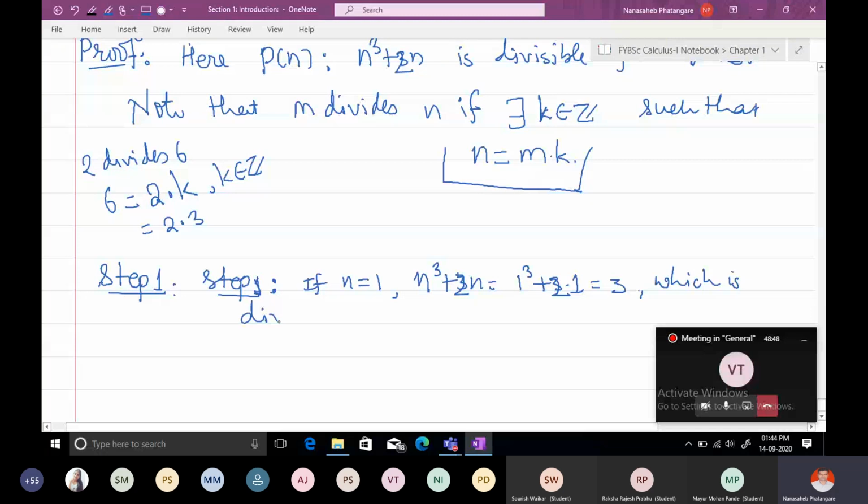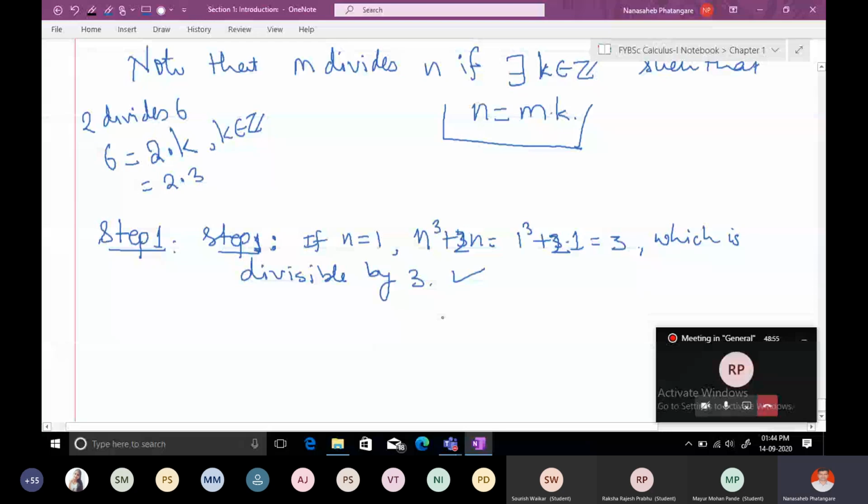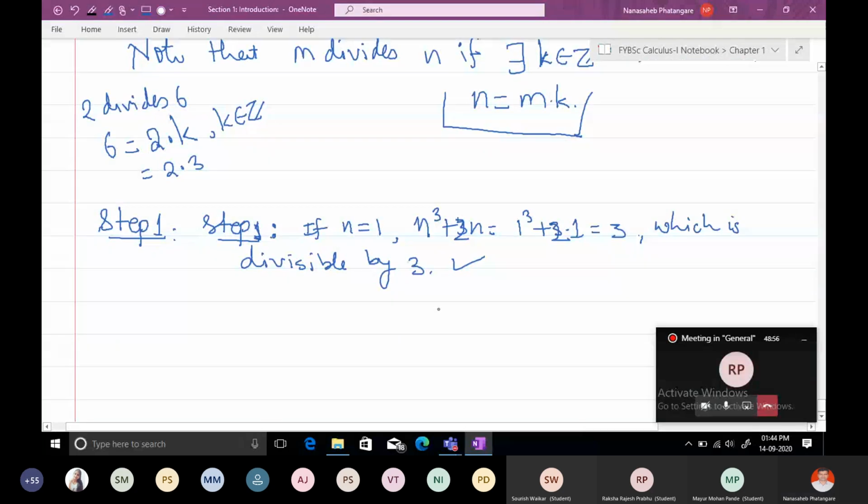So clearly this is divisible by 3, and hence the result is true for n equal to 1. Therefore Pn is true for n equal to 1. No doubt, because for n equal to 1, n cube plus 2n itself is 3, which is divisible by 3 because it is 3 times 1.